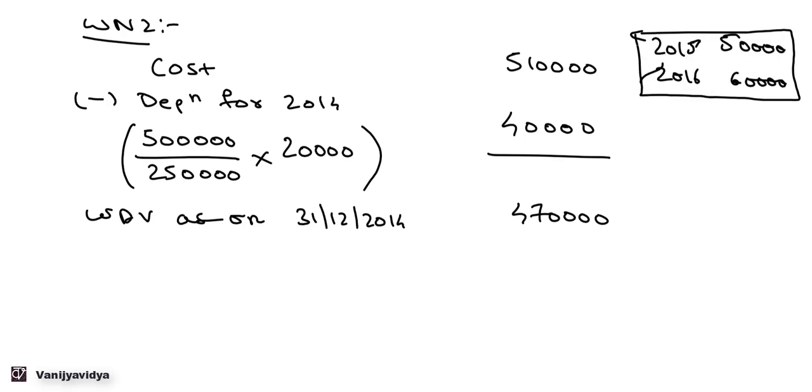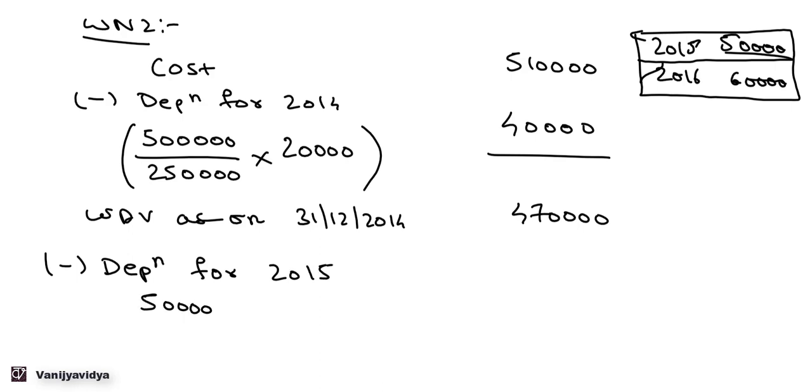For convenience, I have written the units produced in 2015 and 16 here. Now, less depreciation for 2015. Again, 5 lakh divided by 2,50,000 into the units produced in 2015, which is 50,000.